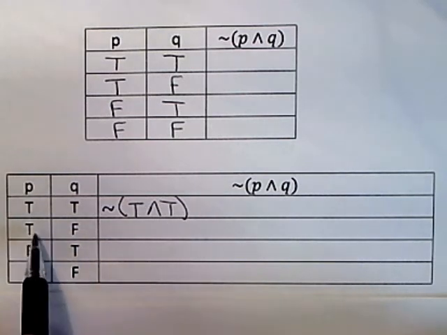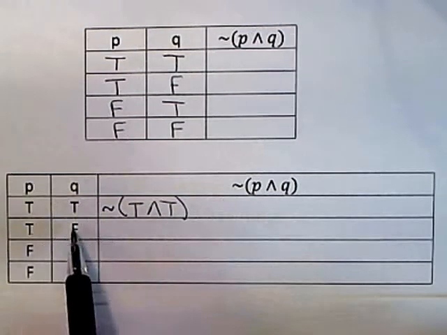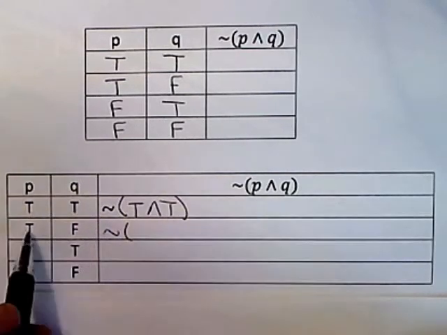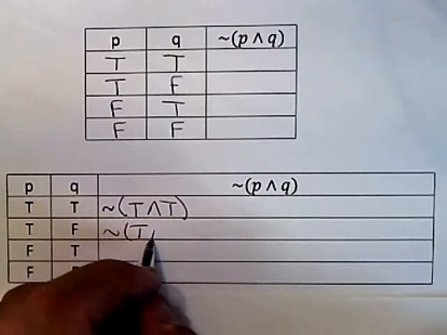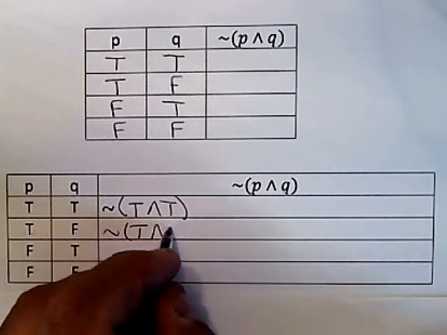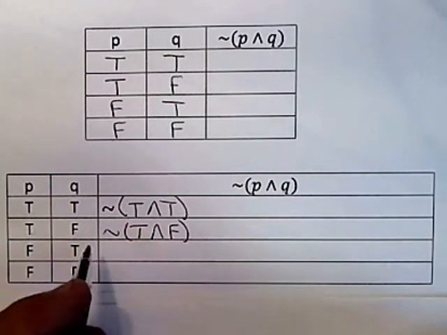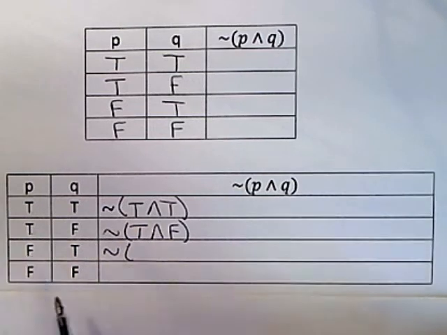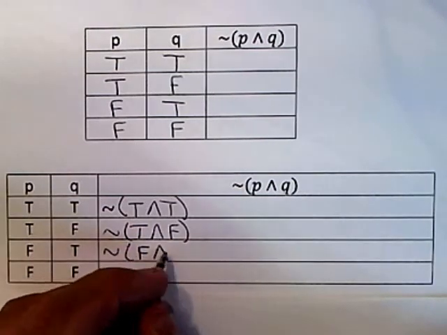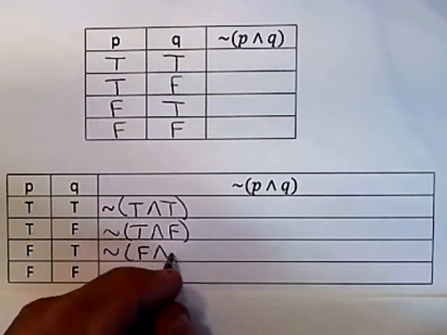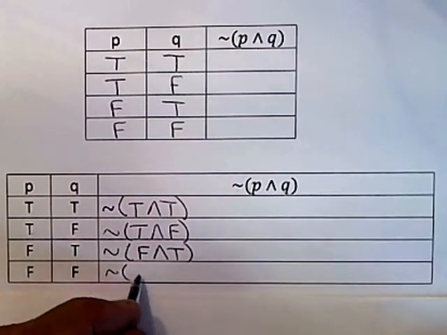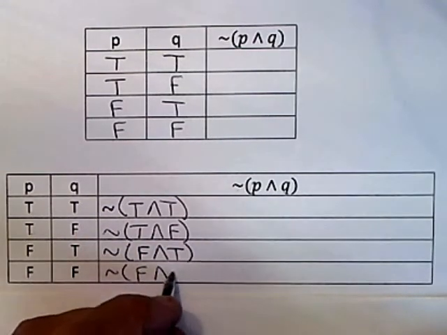Then I go to the next row and I let P be true and Q be false, so I get the negation of true and false. And moving right along, I get the negation of false and true on the third row. Last row, both are false, so I get the negation of false and false.